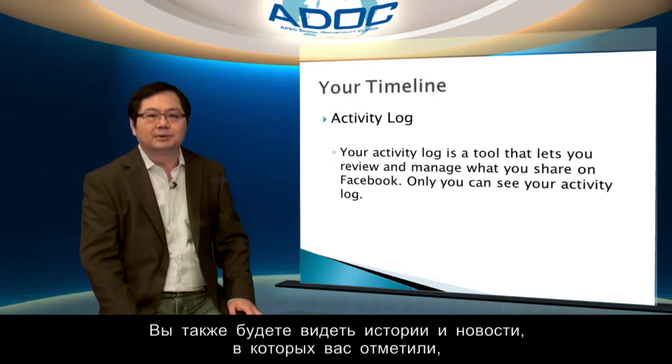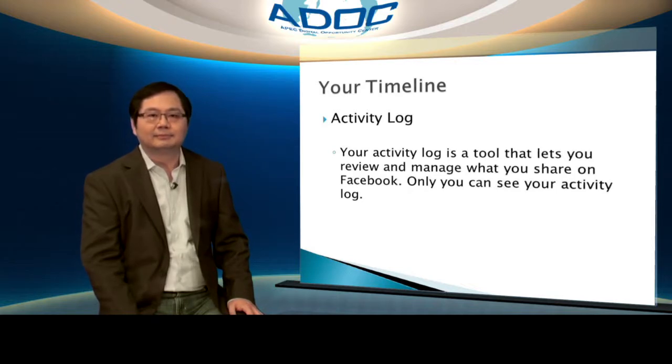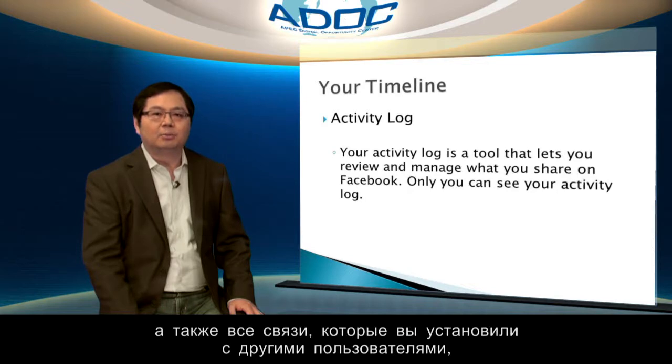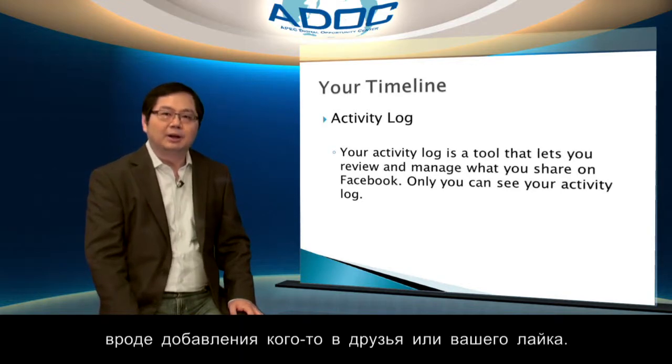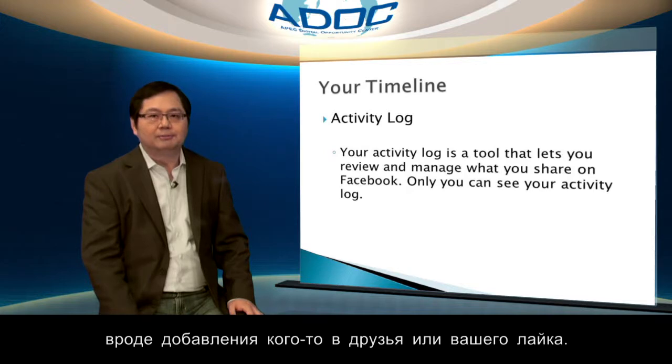You will also see stories and photos you have been tagged in, as well as the connections you have made, like when you liked a page or added someone as a friend.